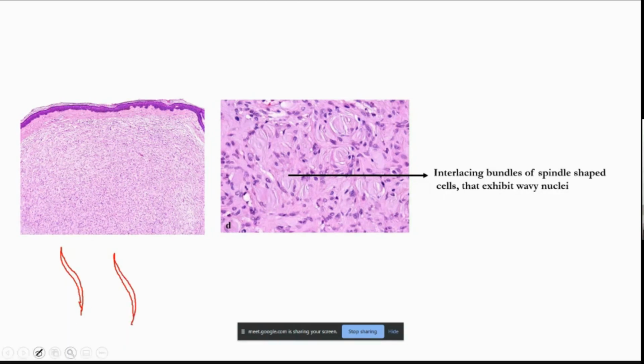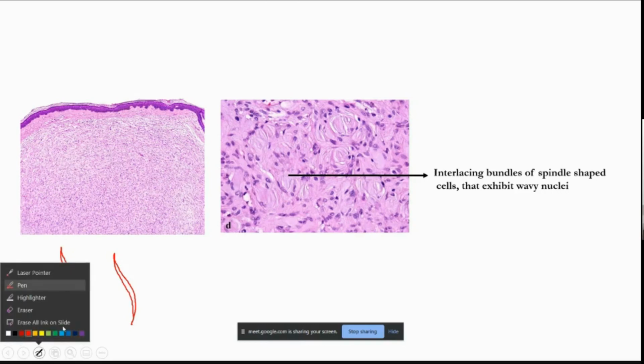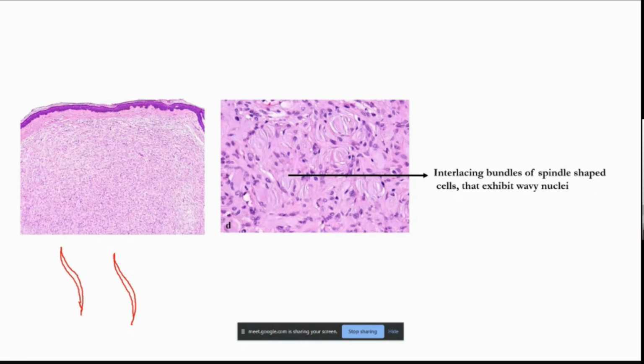Okay, but the nuclei in the case of fibroblasts will be present in the center, and it will be elongated like that. That's how your fibroblasts look, but here you will see wavy nuclei. It's not essentially oval or round or elongated.